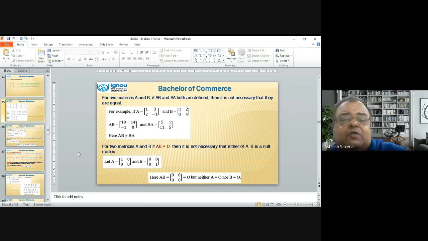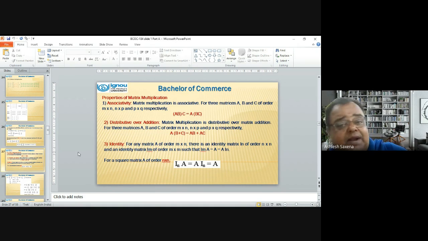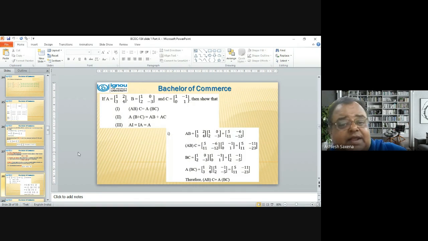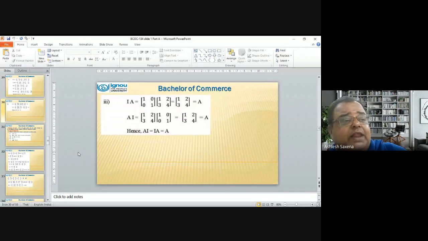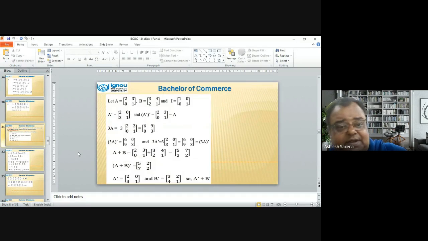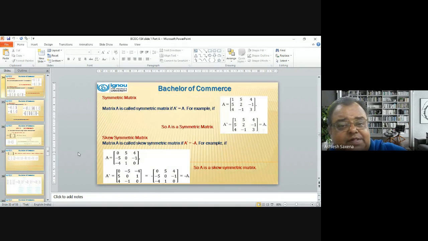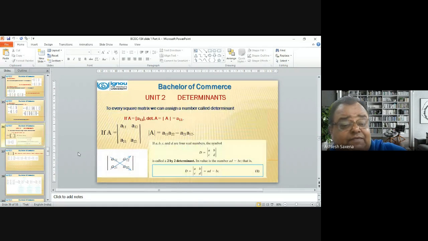Now we move to the second part, that is determinant. Determinant is the value of the matrix. We have seen different properties of matrices.